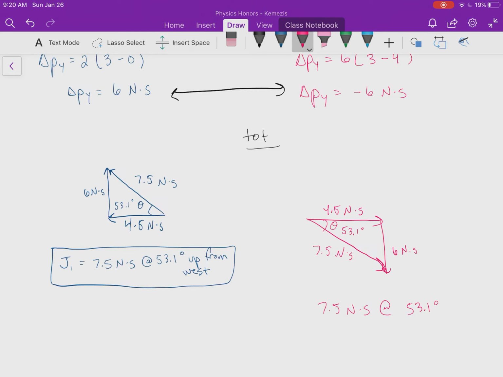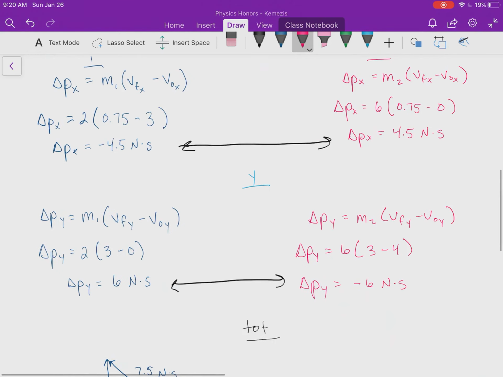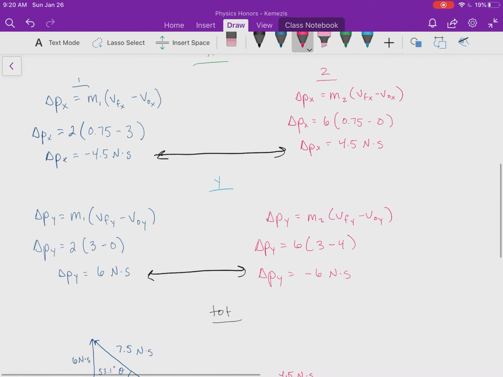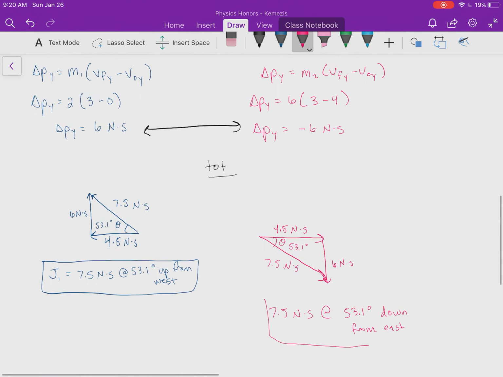Technically it's negative 51.3 because you're going in the opposite direction, but you can say down from east. Up from west, down from east, those are opposite of each other. So that's a cool connection, we still see Newton's third law, even in 2 dimensions. So hope this helps, and give your homework a try.